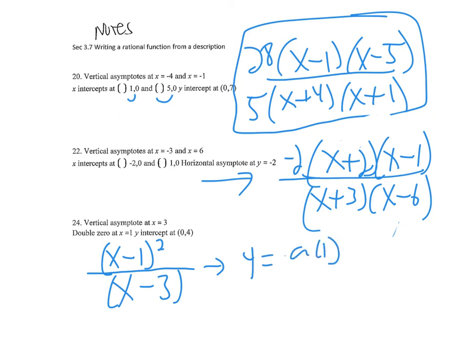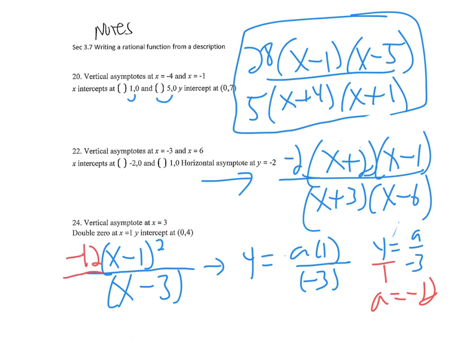You okay with me dropping in 0 for -1, then squaring it? And then -3 on the bottom. So that gives me 4 equals a over -3. Isn't this just a proportion? Can't I just do the cross products? So a equals -12. So I'm going to stick a -12 in front and be done with it.